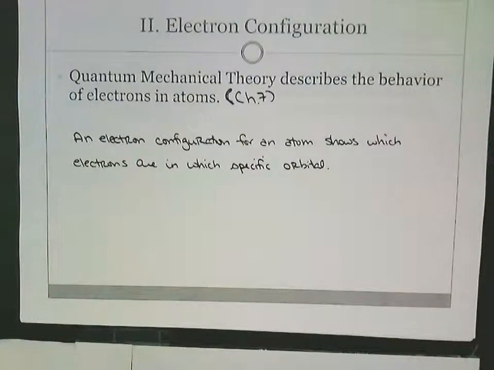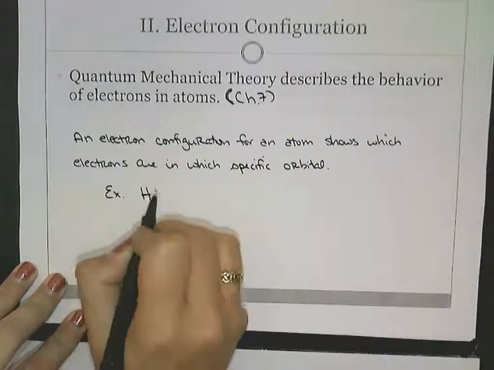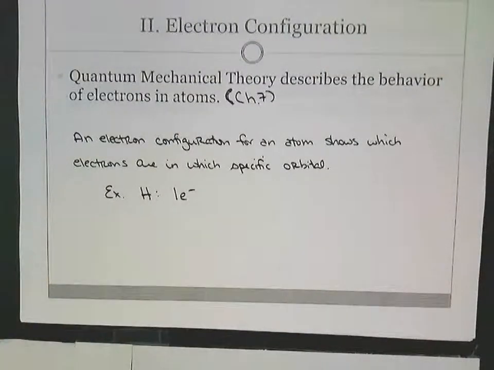So, let's start with hydrogen. I think we're ready for hydrogen. Hydrogen has an atomic number of 1, so how many electrons does it have? 1. We are ready for that. That's my example. Hydrogen has 1 electron. Thinking through, if it has 1 electron, we always have to start in the lowest energy level.